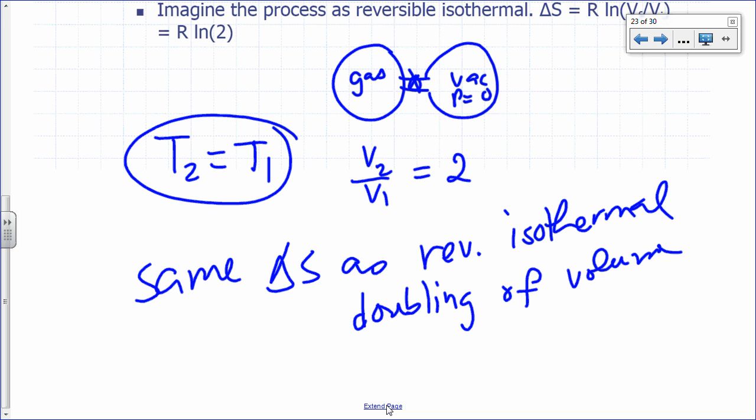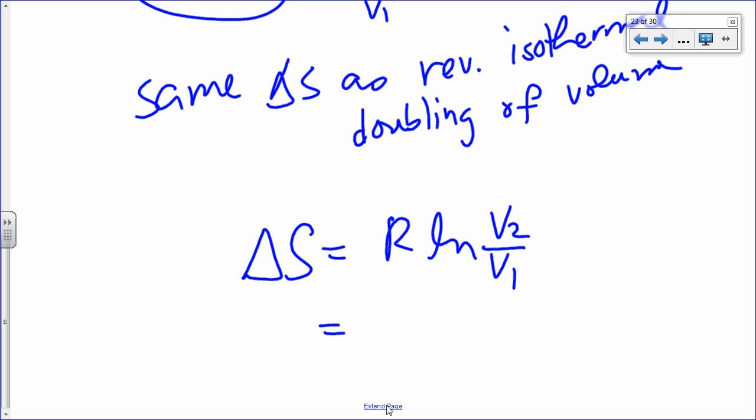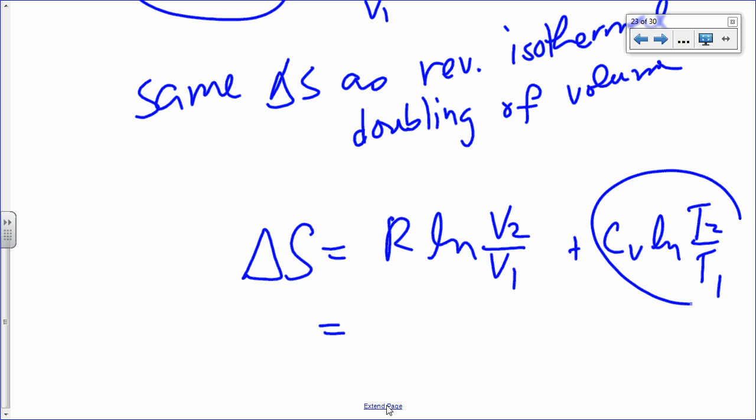So we imagine doing this reversibly, and we should get the same delta S. And so what's our delta S for a reversible isothermal expansion? It's just R ln V2 over V1. Okay? The general formula would be plus CV ln T2 over T1, but this one is just 0, right?